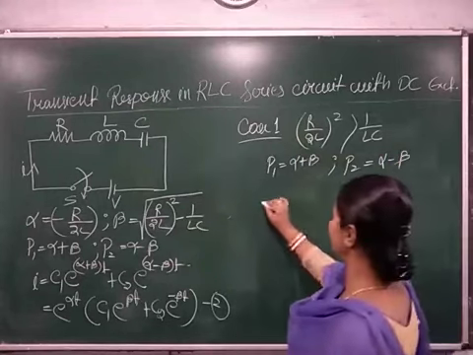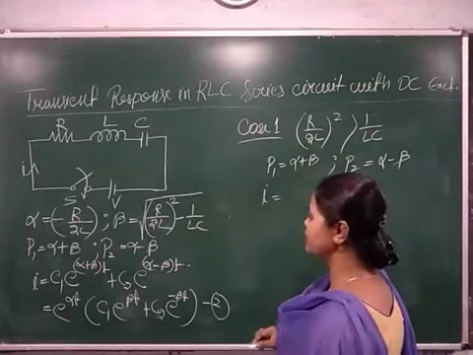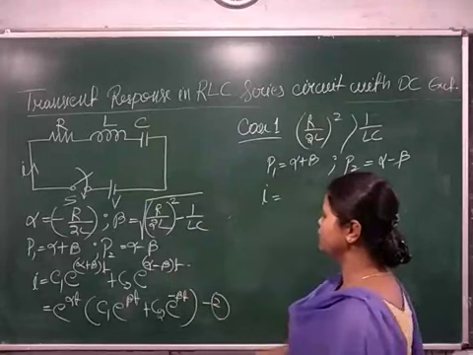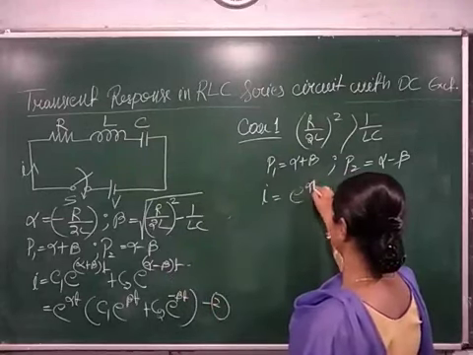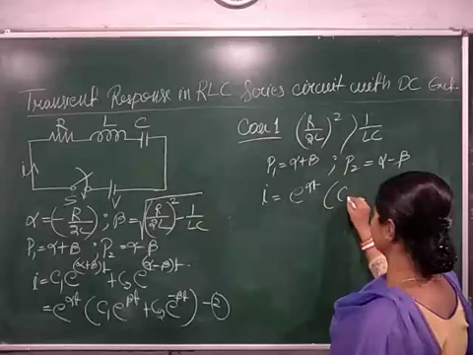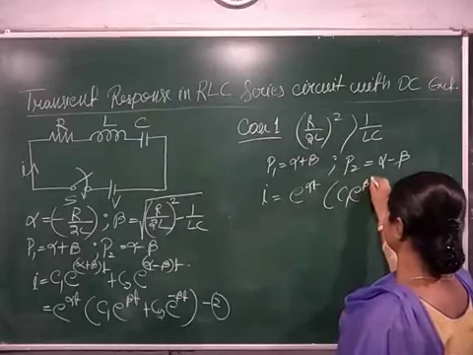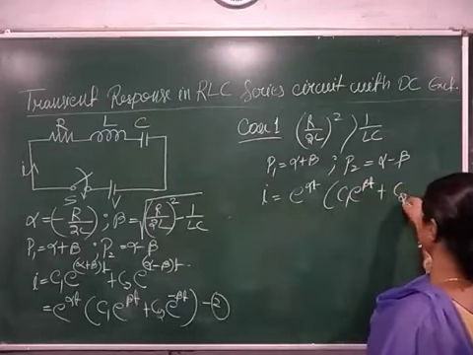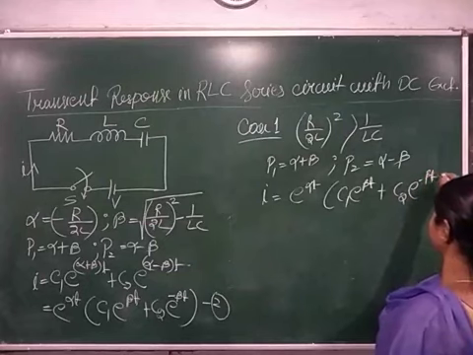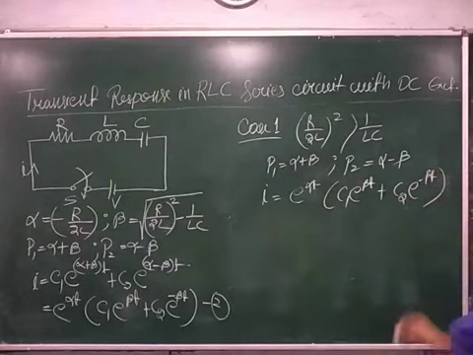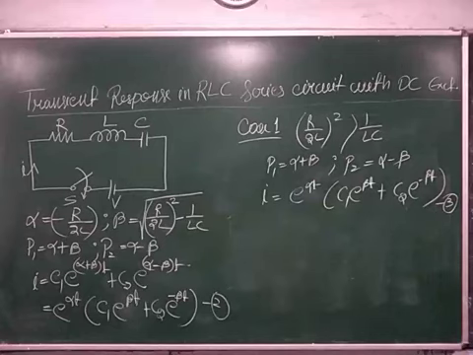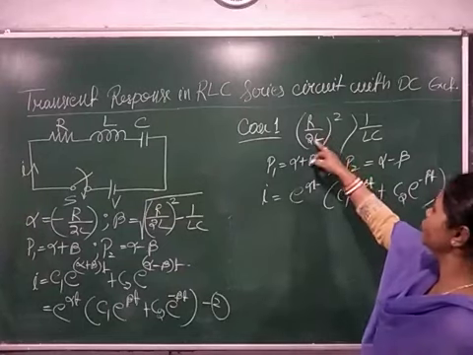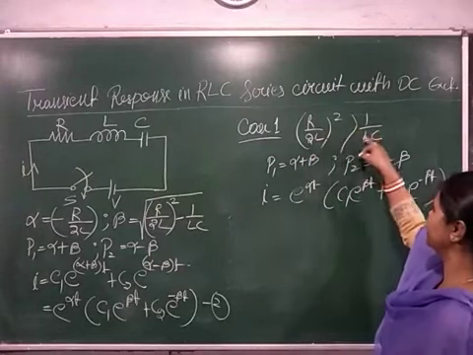So what is the output equation or the time response? This one. So this equation 3 represents the time response, or the current equation, for the RLC series circuit when R by 2L whole square is greater than 1 by LC.